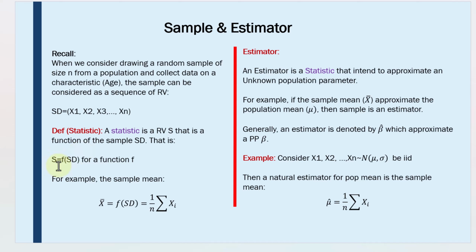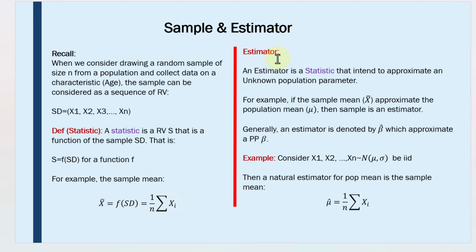Namely, a sample statistic is a function of the sample data. For example, if we consider the sample mean, it is the sum of the sample elements divided by n. And as you can see here, this sample mean is a function of the sample elements or sample data.